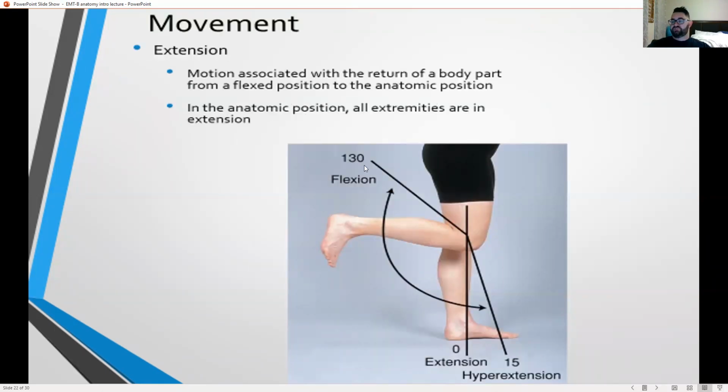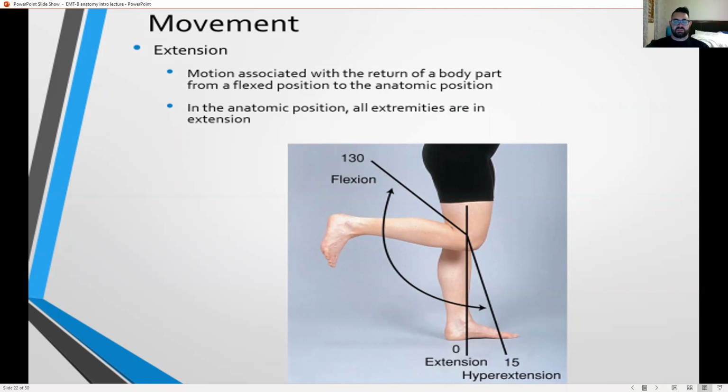Extension. So if flexion is bringing things in, forming a bicep like this, then extension is what? Extending out. So flexed in, extending out. Flexed in, flex my fingers in to form a fist, I extend them out.